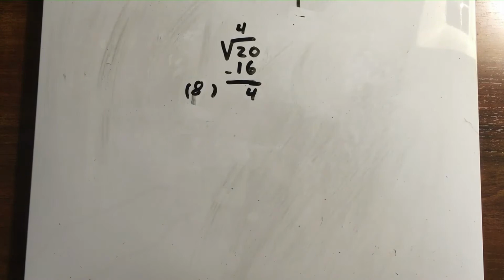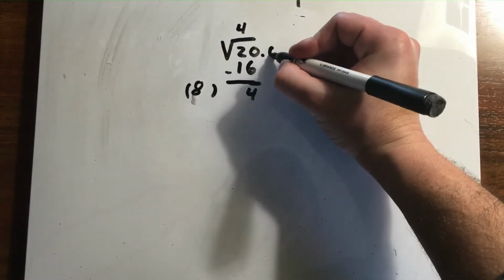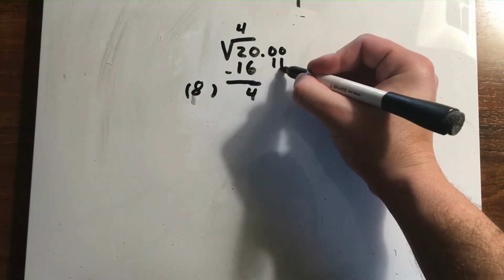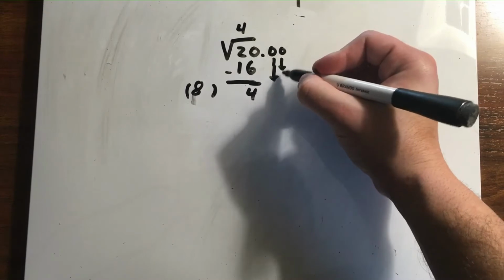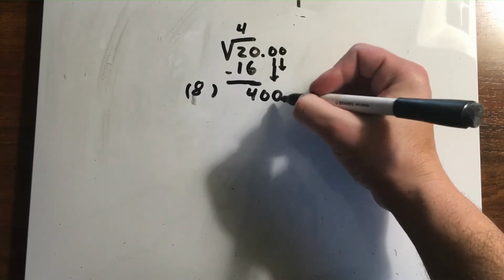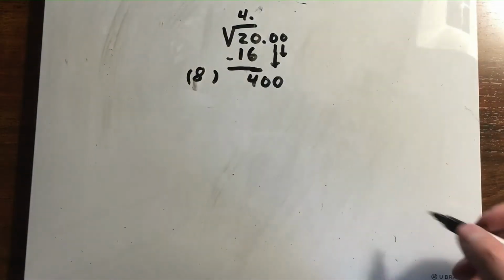Now we're going to start adding decimals. So 0.00. We're going to bring those down to here to make this 400. We also need to put a decimal point right here.